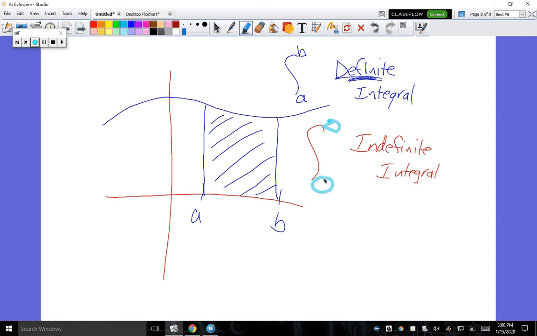Let's see if that helps lead it to you. It's not area bounded. An indefinite integral is not area bounded. A definite integral is, but an indefinite integral is not. It will give you a general function.